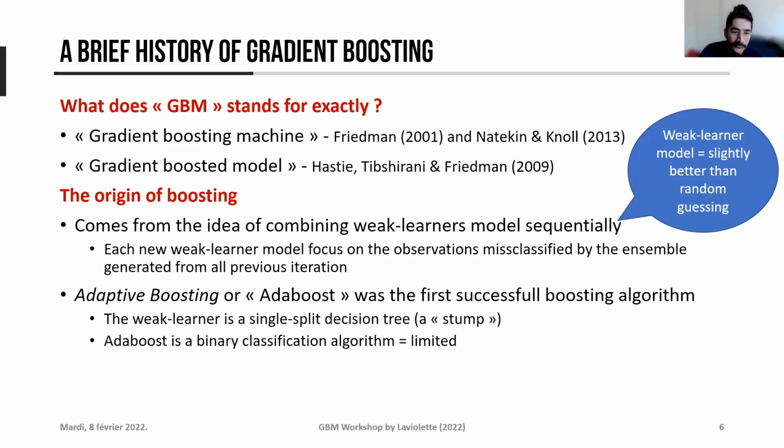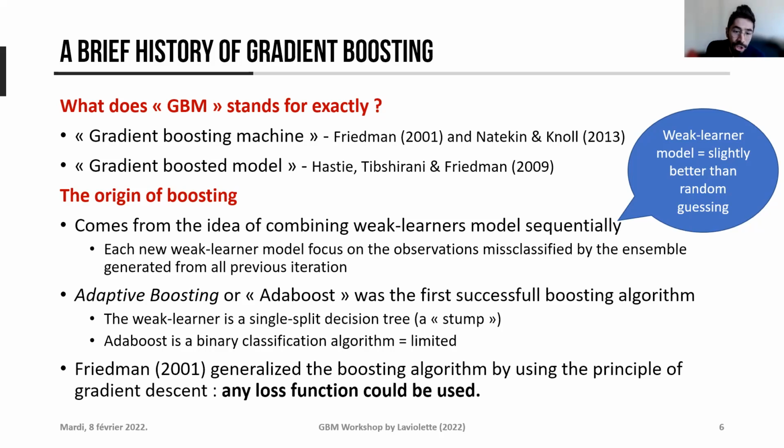In AdaBoost, the weak learner model is a very simple single split decision tree, which is called a stump. So that's maybe why it was a bit more limited. Friedman was the one that generalized the boosting algorithm, so it could use the principle of gradient descent and thus be applied to any loss function and used for other things than simply binomial classification, because AdaBoost originally was only for binomial classification.